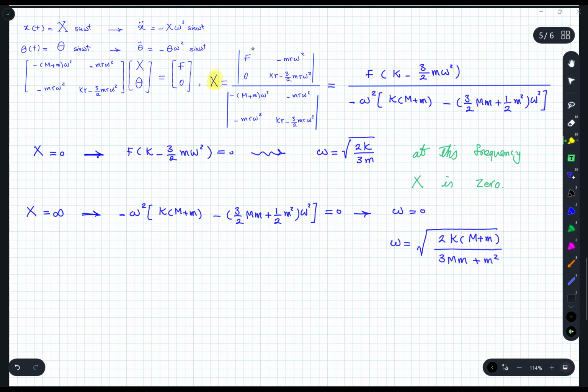Pay attention, the unit also is correct. For frequency, we have k over m, right? But if you think about the units, we have extra m in the numerator and extra m in the denominator, so they cancel out, so the unit is correct. So at these two frequencies, x is infinity.